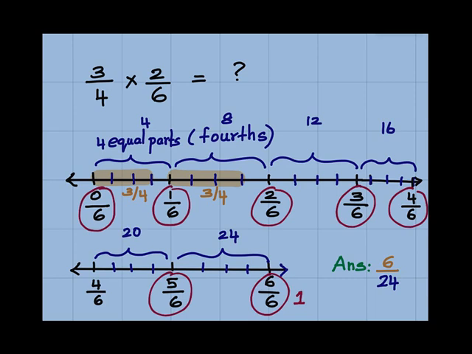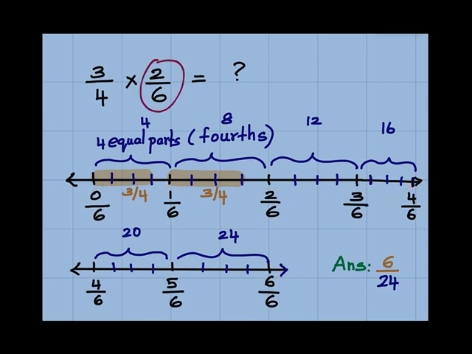Why did I partition into 1/6? The reason is in the fraction 2/6, there is a whole 2 in it and times 1/6 in it, right? What is 2 over 6? 2 times 1/6.